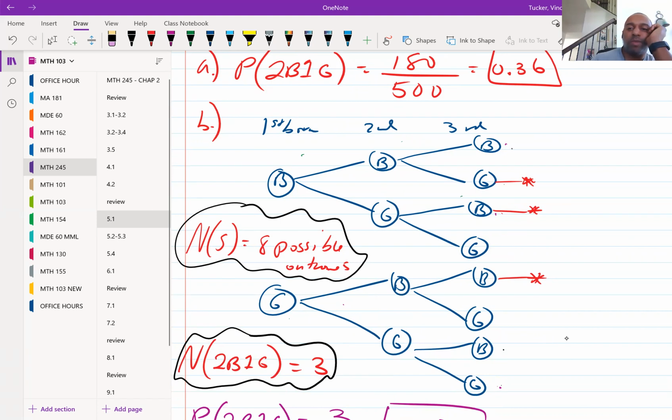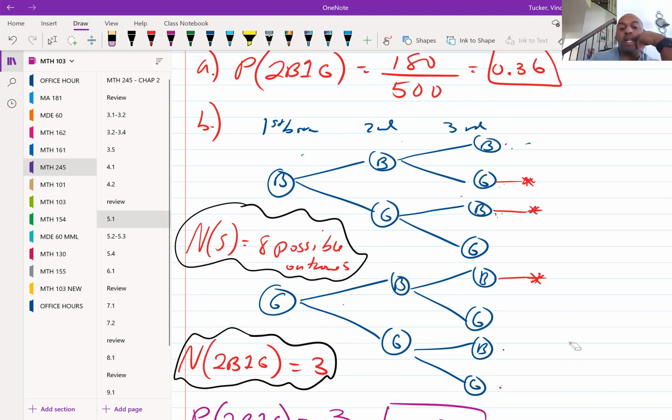So in general, we have 1, 2, 3, 4, 5, 6, 7, 8 possible outcomes. That's your sample space. So that's what I have right here, 8 possible outcomes. So generically, we have 8 possible outcomes if you're gonna have 3 children.